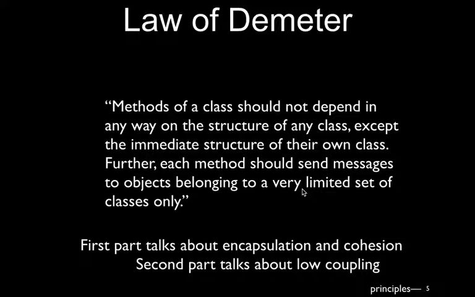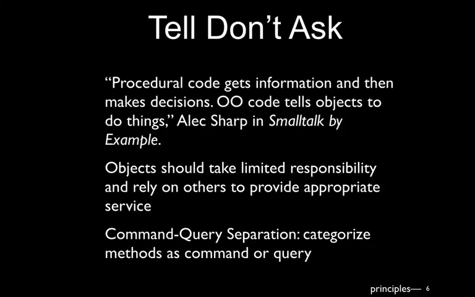So we talked about a few metrics, and we talked about the law of Demeter. One first principle that I want to talk about here is called the tell, don't ask principle. The tell, don't ask principle says procedural code gets information and then makes decisions. Object-oriented code tells objects to do things.